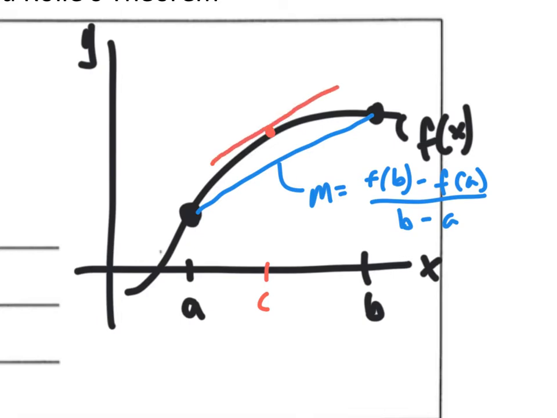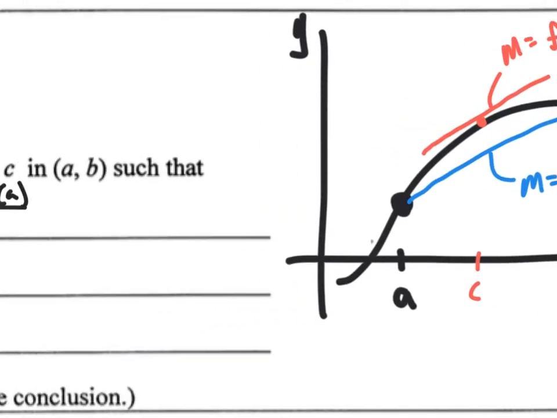And so I'm going to say that this slope m is equal to f prime of c. This is true for any differentiable function that's continuous over a closed interval.